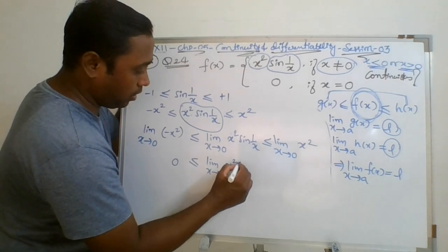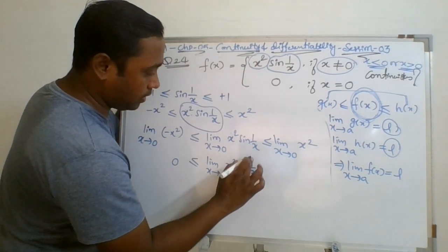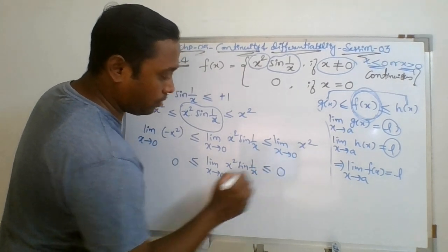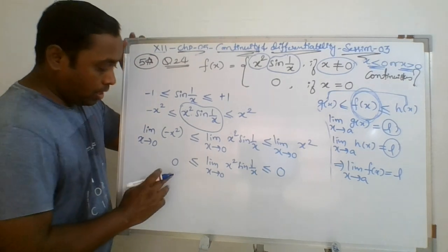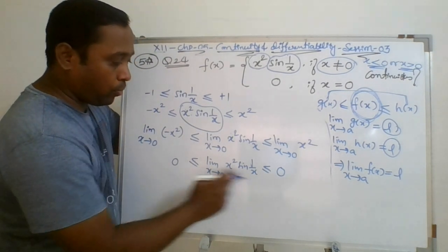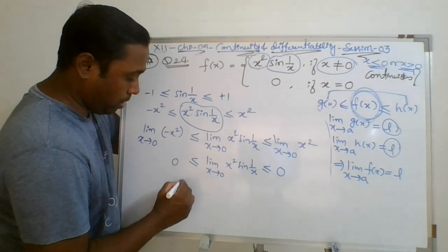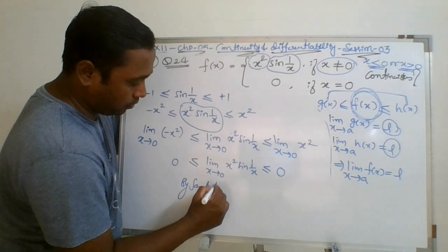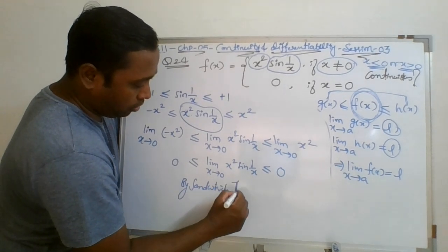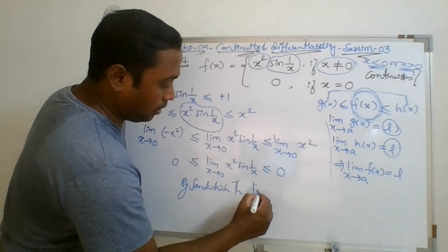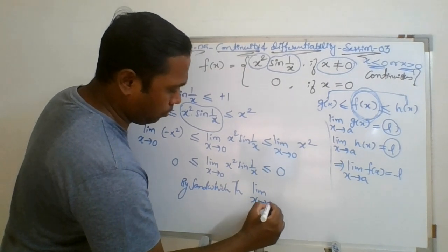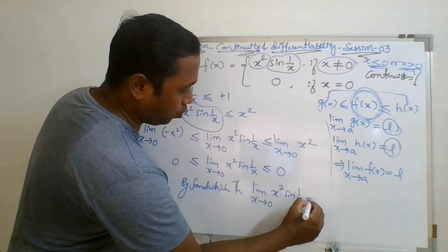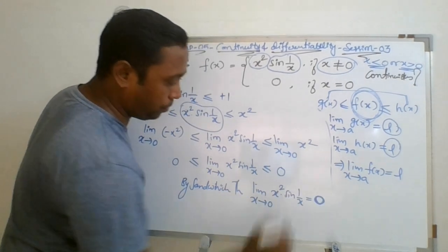Now see, both the limits are approaching the same value 0, so by the Sandwich theorem, you can say the limit as x tends to 0 of x square into sine of 1 by x also approaches 0.